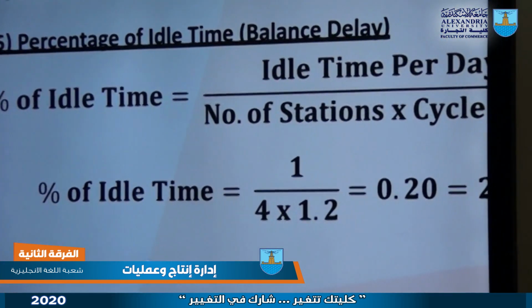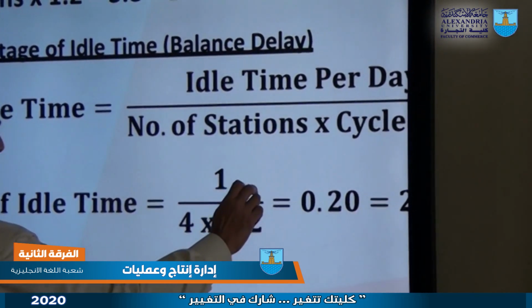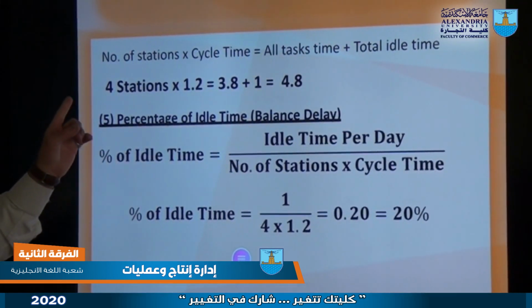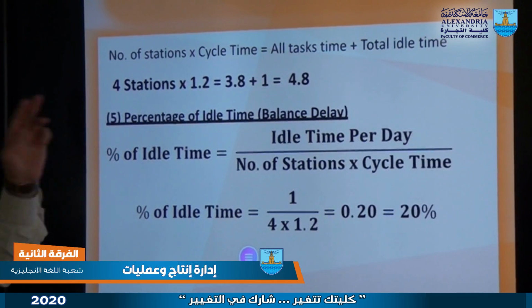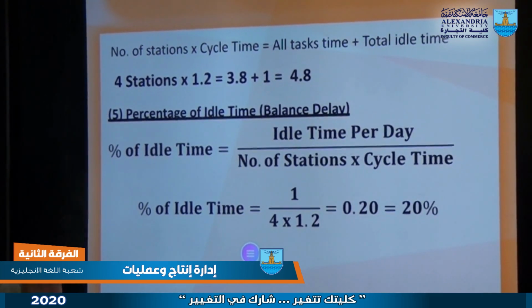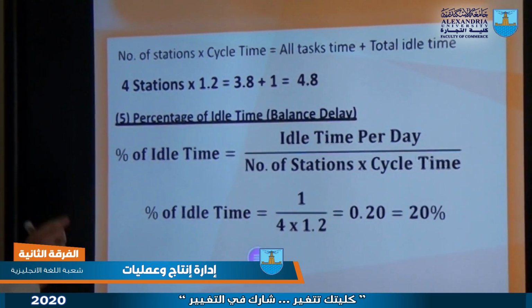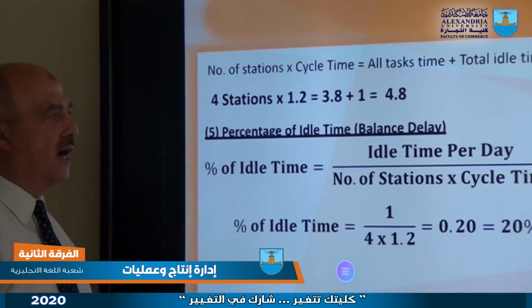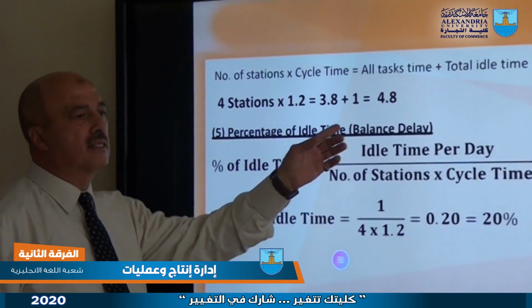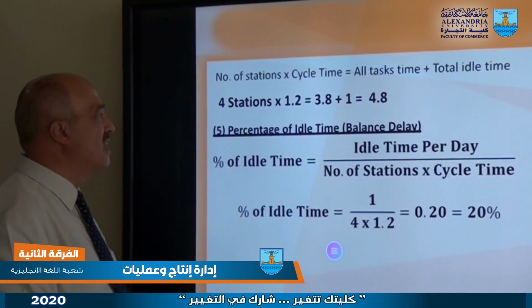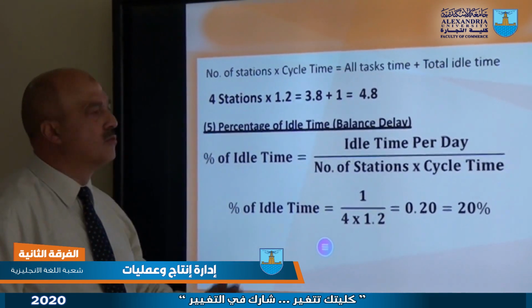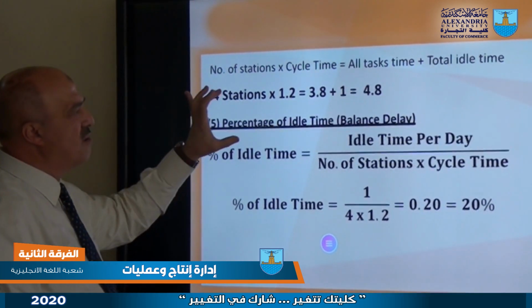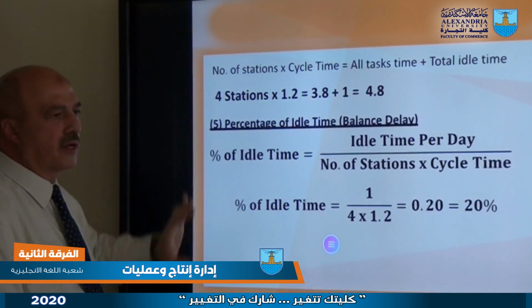Number of workstations is 4, multiplied by 1.2, the cycle time, equals 3.8 total tasks time plus 1 minute idle time. Okay? They are both equal to 4.8. So our solution is correct.